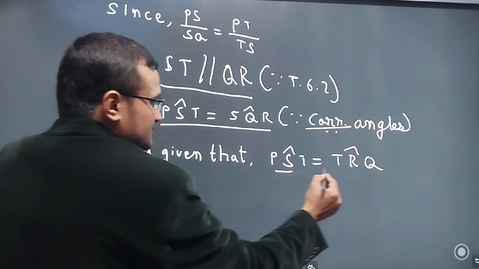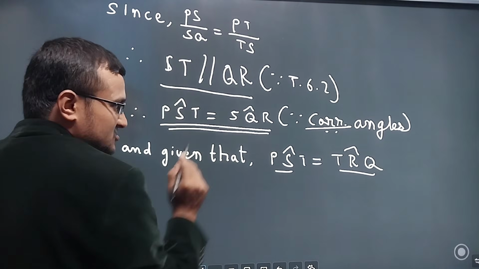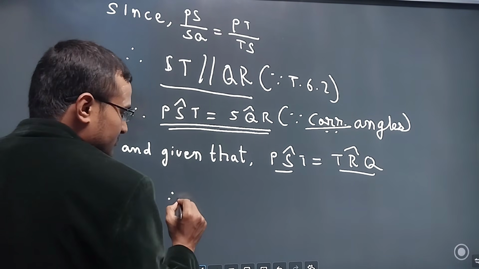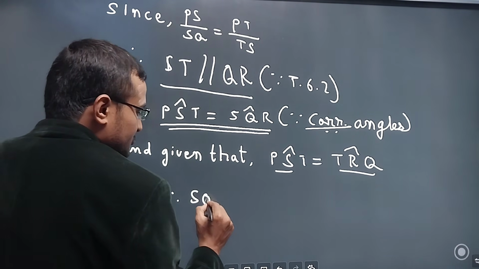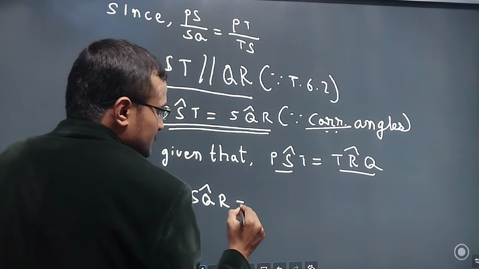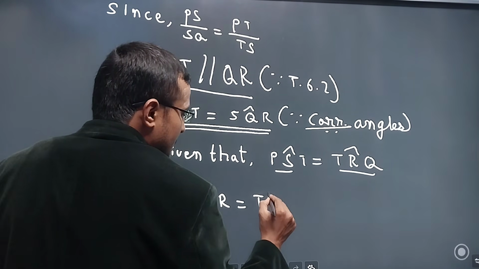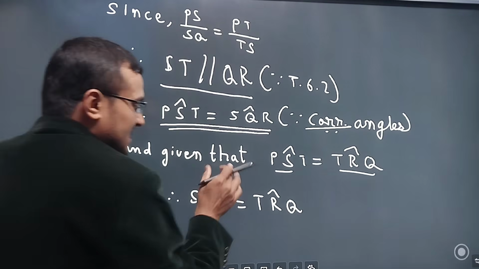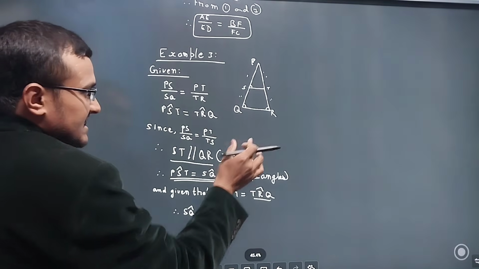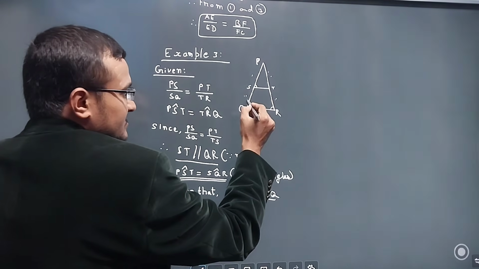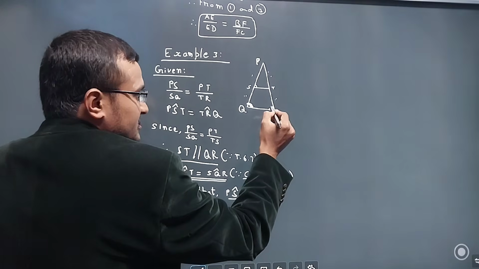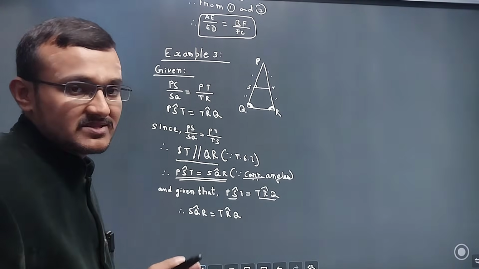Since PST is equal to TRQ and we know that PST is equal to SQR, therefore SQR is equal to TRQ. So in this triangle, this angle SQR and this angle TRQ are equal to each other.